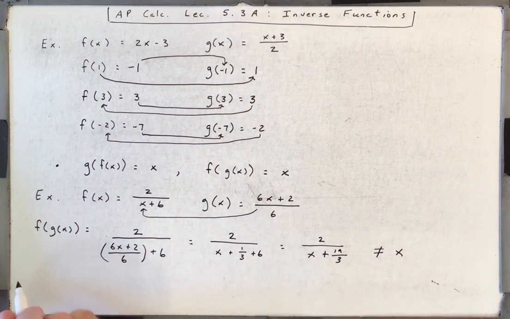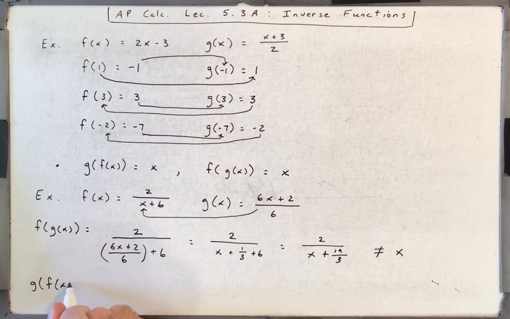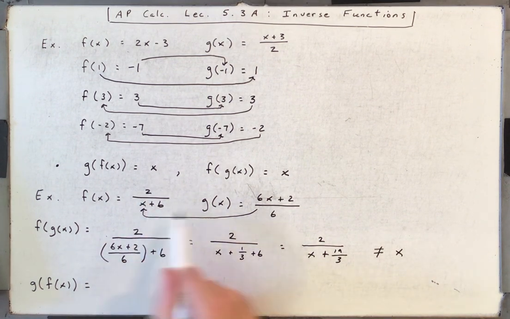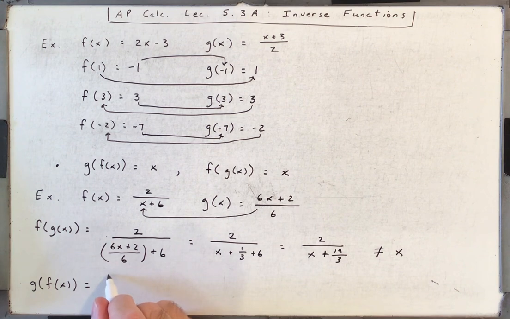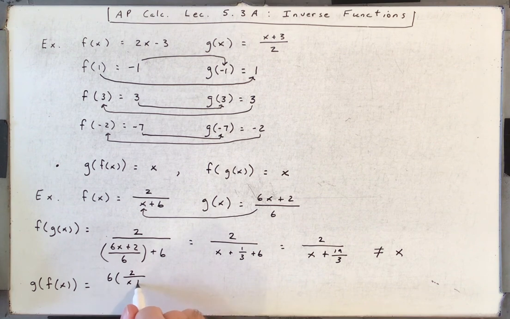The two are not inverses, but we'll go ahead and look at the other side of it and do g of f of x. So that means we're going to plug in 2 over (x plus 6) into this x right here. So 6 times 2 over (x plus 6), plus 2, over 6.